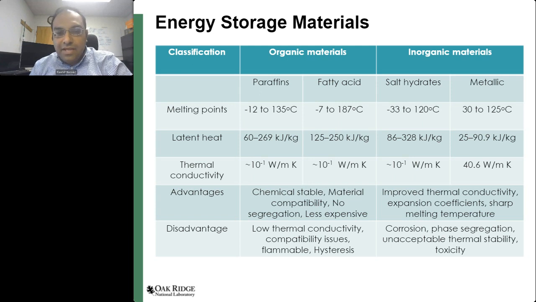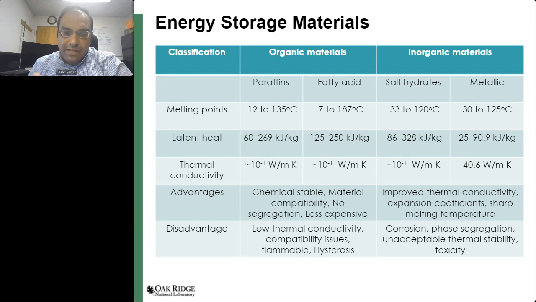When we look at some of the inorganic materials, such as the salt hydrates and some metallic solutions, they can have, again, a very broad range of energy storage temperatures. The latent capacity is, again, comparable to what we see in the case of organic materials. One major advantage is a higher thermal conductivity if we consider the metal-based energy storage solutions.